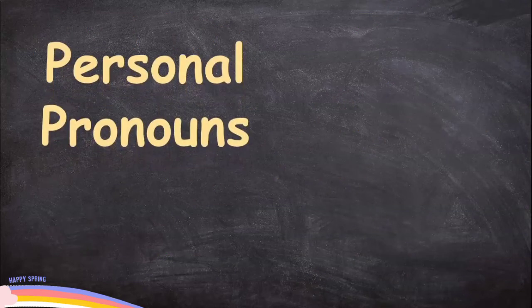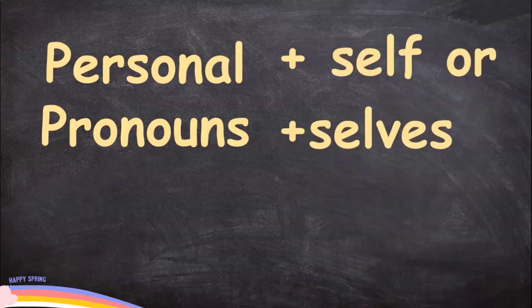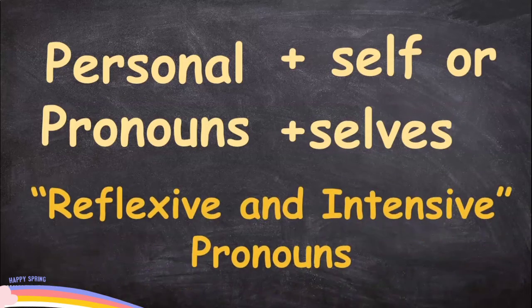Do you know that using personal pronouns, we can form two other kinds of pronouns? How? Okay, by simply using the ending self or selves, which can be added to some of the personal pronouns that we know, we could form a reflexive or an intensive pronoun. How is it possible?